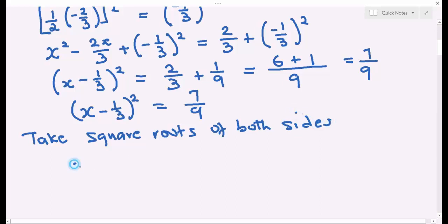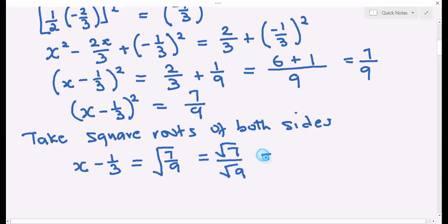This will give us x minus 1 over 3 is equal to the square root of 7 over 9. This is the same thing as the square root of 7 over the square root of 9, which is equal to the square root of 7 over 3.